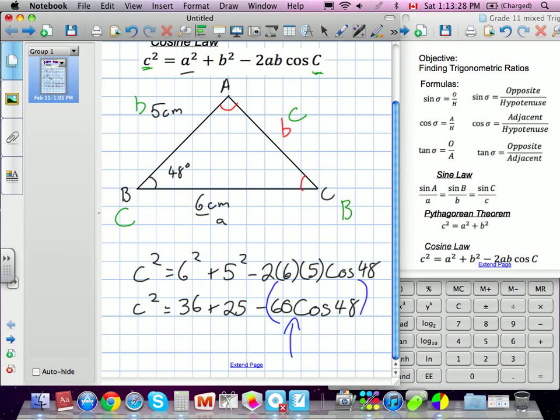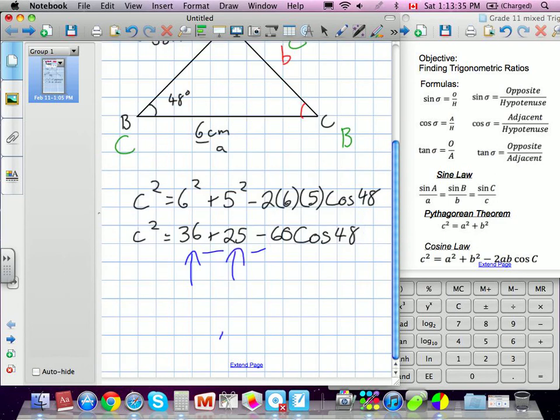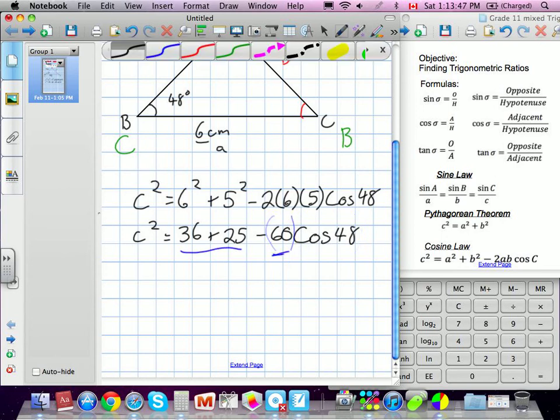Many people, when going through this, they'll do 36 plus 25 minus 60, then cos 48. That doesn't work, because technically this says multiplied by each other. So according to BEDMAS, I can't add these numbers together and then subtract this. So for instance, let's say I were to keep going, 36 plus 25, that gives us 61.